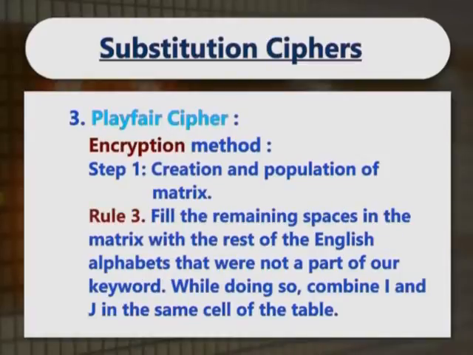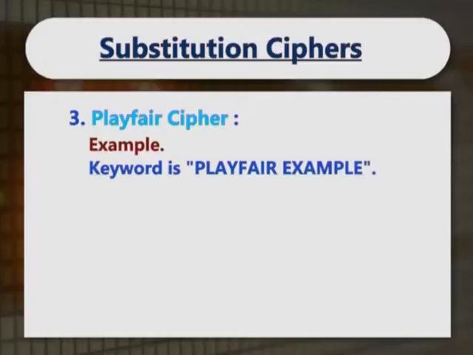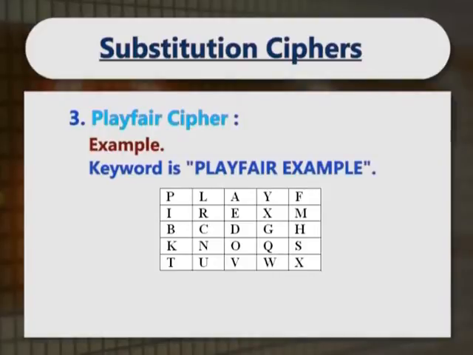Rule 3 is to fill the remaining spaces in the matrix with the rest of the English alphabet that were not part of our keyword. While doing so, combine I and J in the same cell of the table. Now, let us do an example, and in this example our keyword is Playfair example. Then the 5 into 5 matrix or table containing our keyword will look as shown in the figure. Explanation of this matrix row wise is as follows.